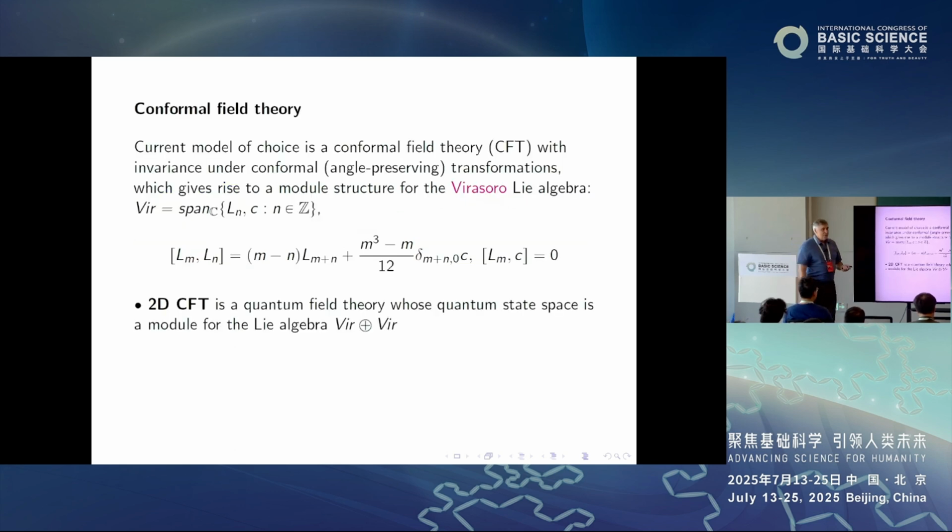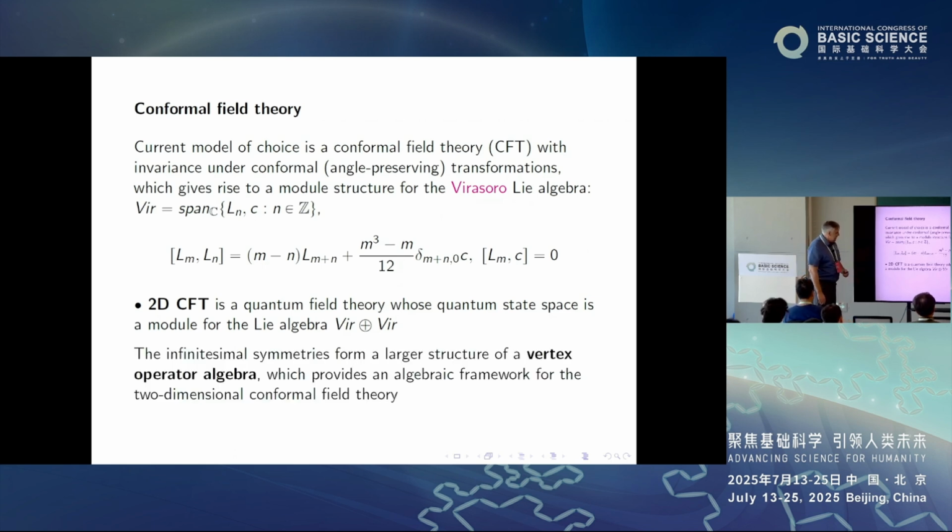I don't need to say a lot today. After Tomoyuki Arakawa's talk, he described everything that was necessary. So the mathematical framework we have in 2D conformal field theory is taken care of by the vertex operator algebras.